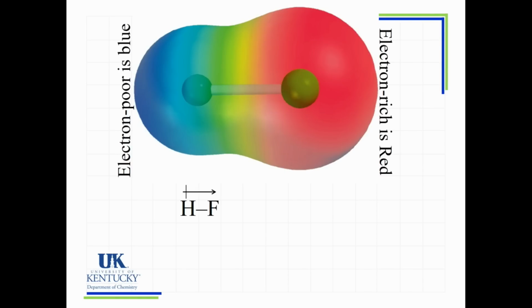So we could represent that molecule as HF. Now that little arrow above it is the vector I'm talking about. That vector is pointing towards the more electronegative atom and away from the hydrogen. And we've made a little plus sign over the hydrogen to represent that it is partially positive. Now we had written it this way before, with the partial positive and the partial negative, and that is a fine way to represent that molecule, but we're practicing with the vectors here.